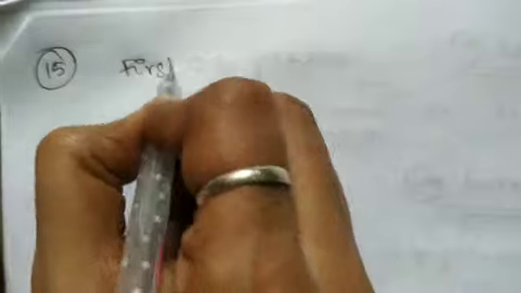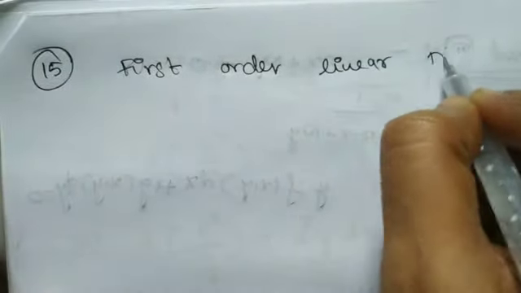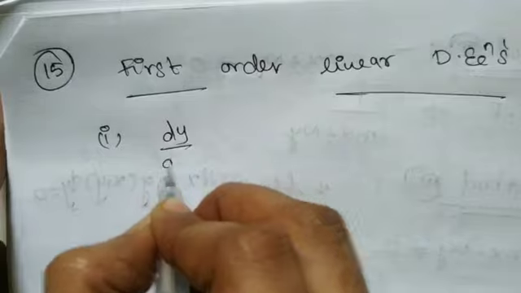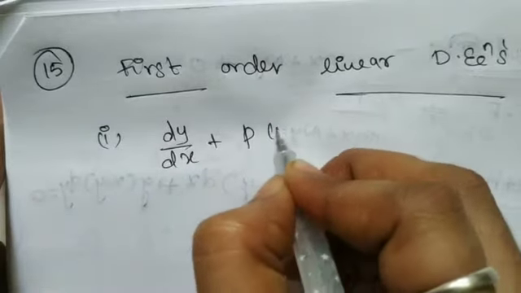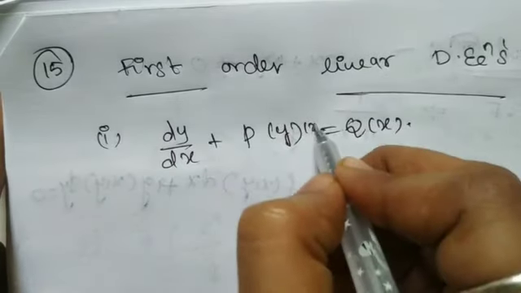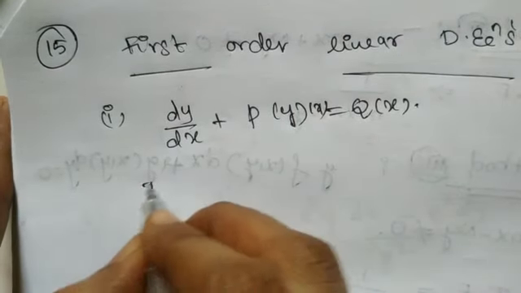Next topic, first order linear differential equations. First order linear differential equations are in the form dy by dx plus P of x times y equal to Q of x. So this is a first order linear differential equation.